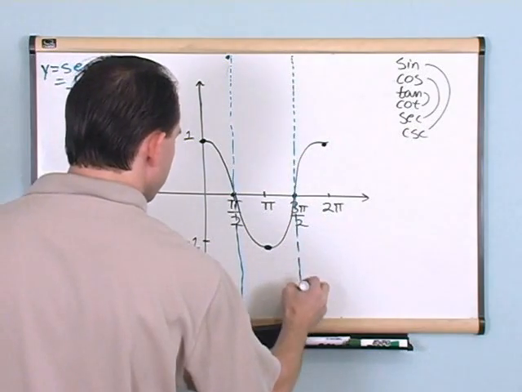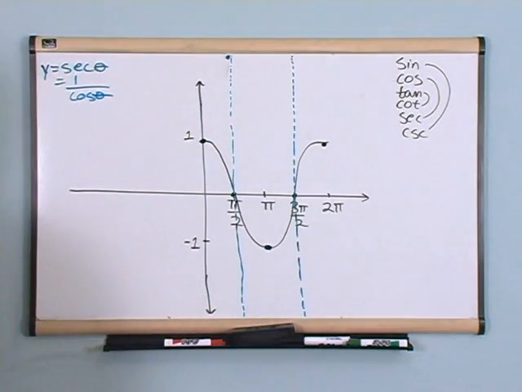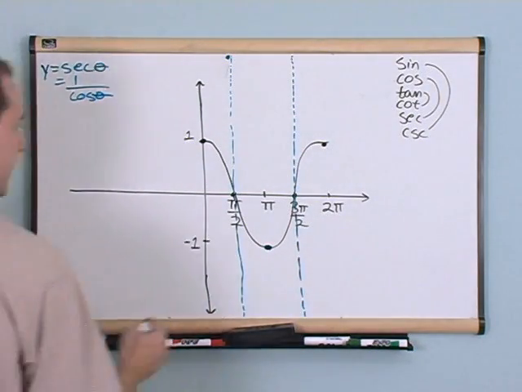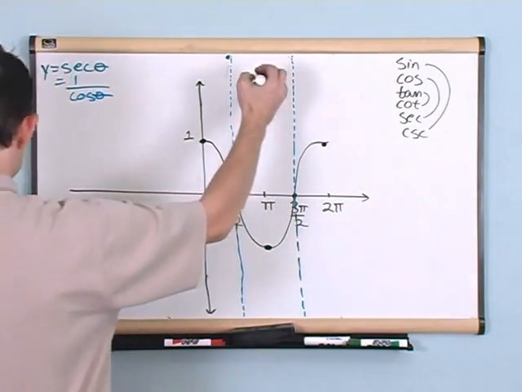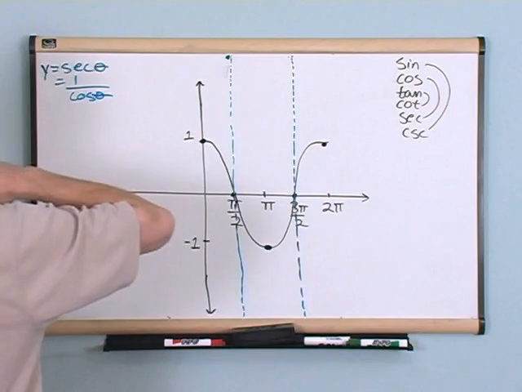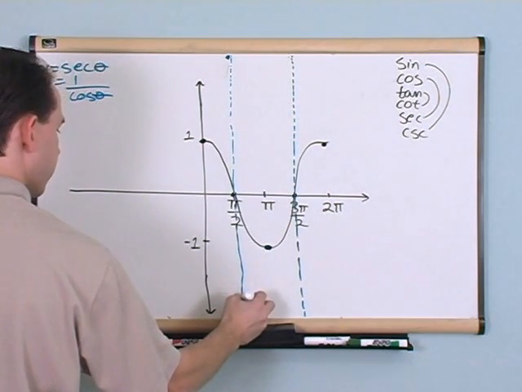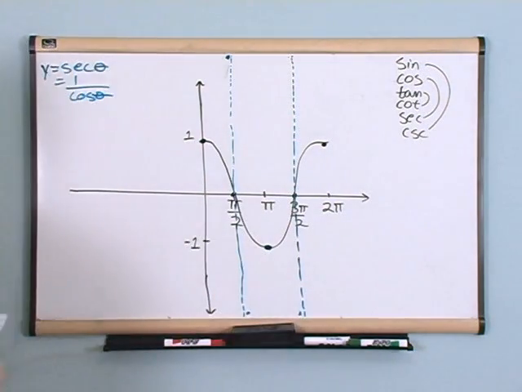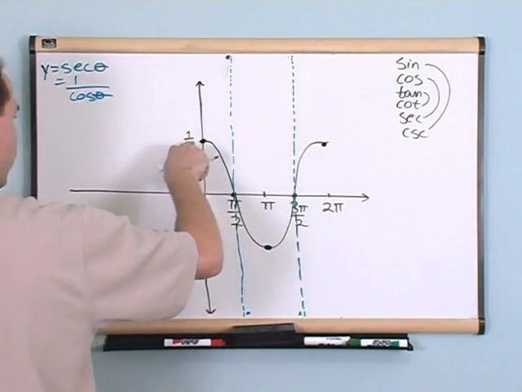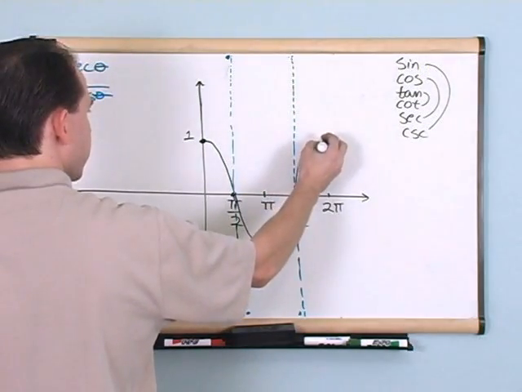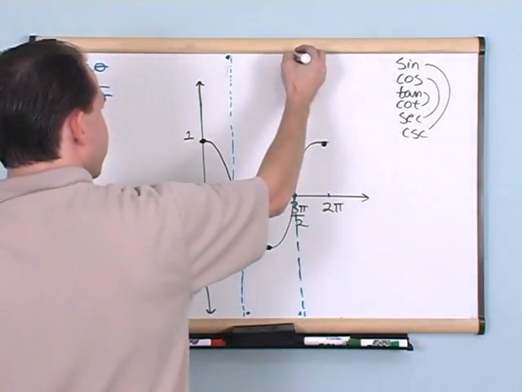So there's going to be an infinity down here, and down here. And then over here, if cosine at this point is 1, 1 over 1 is again 1. And again, you have this infinity here.